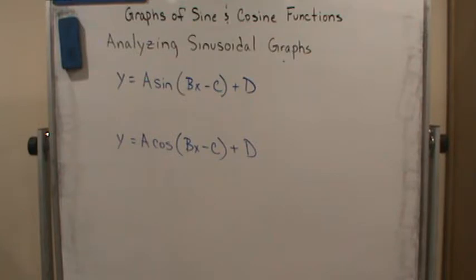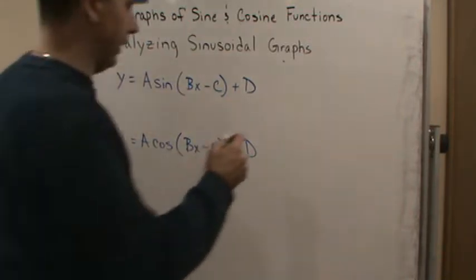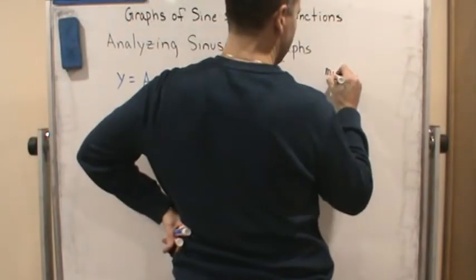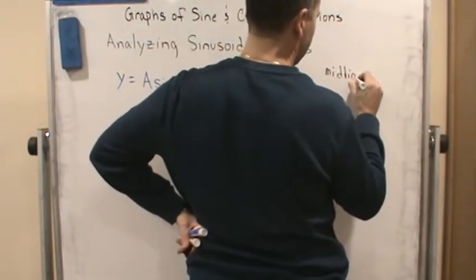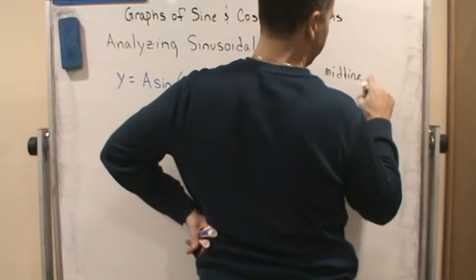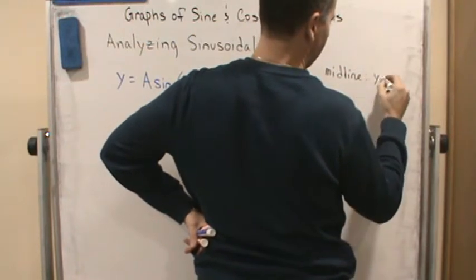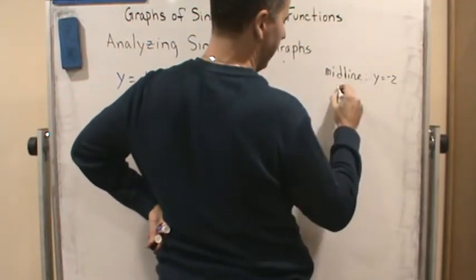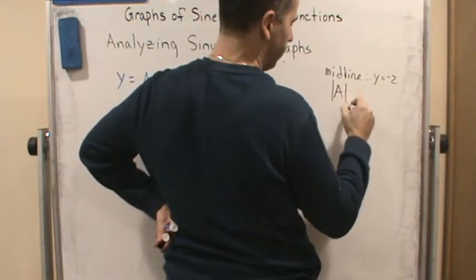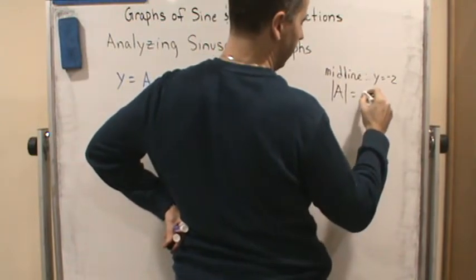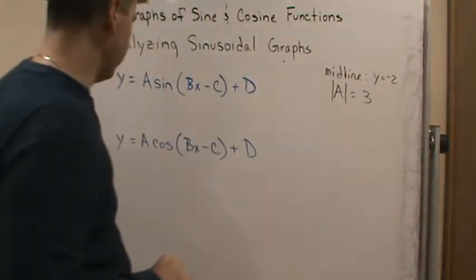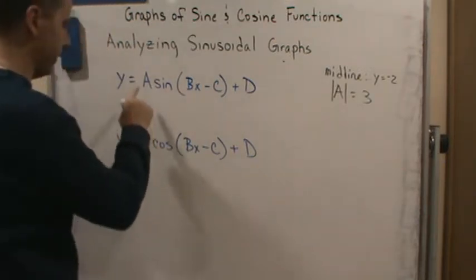So the amplitude is 3, and since it goes from 1 to -5, the midline is located at -2. So the midline is y equals -2, and the absolute value of a is 3. We know a is 3, so let's fill that in.